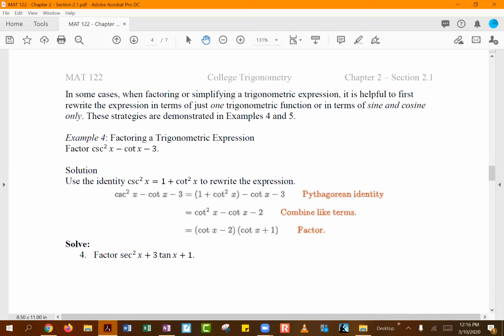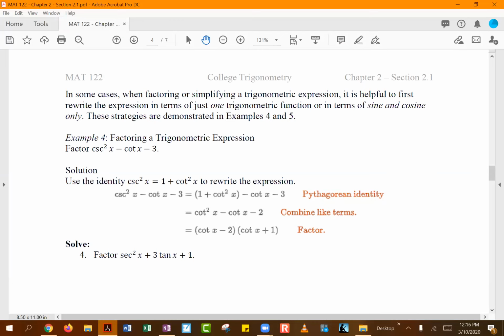You've got cosecant squared and cotangent, right? So we won't just be able to let this be x and factor it, because they're two completely different functions. So this is where they're saying go ahead and rewrite it using just one function, and if possible, make it into either a sine or a cosine function.